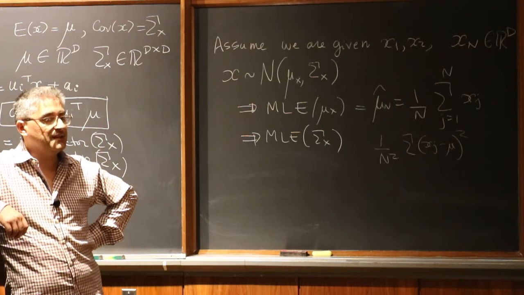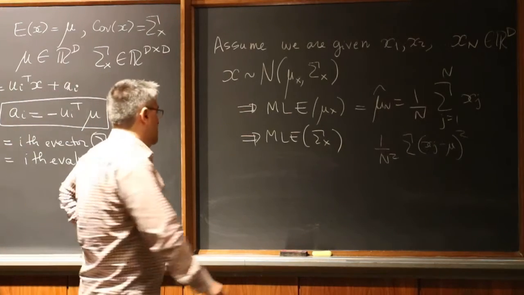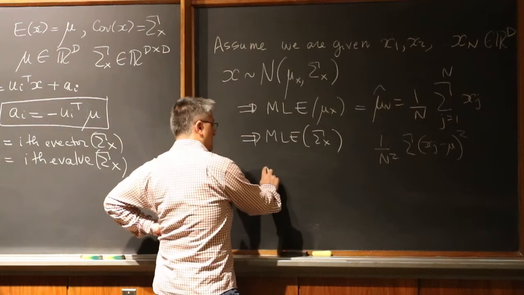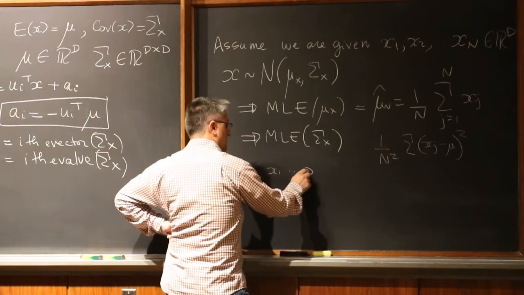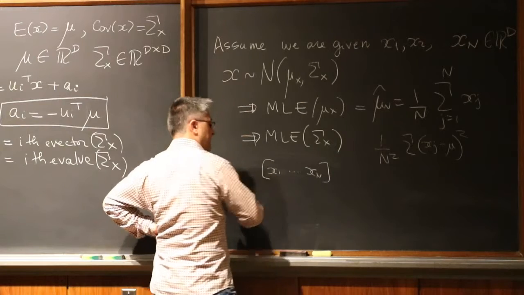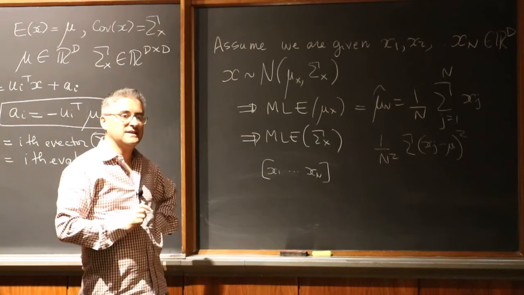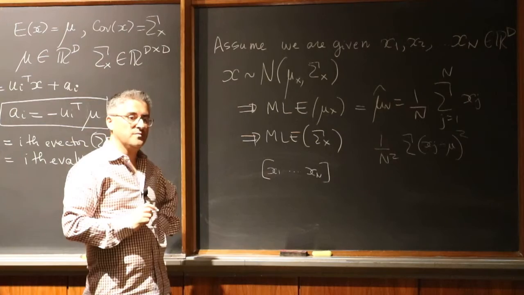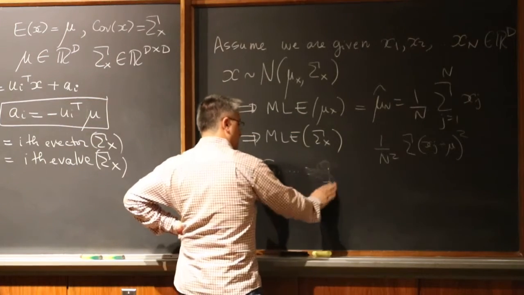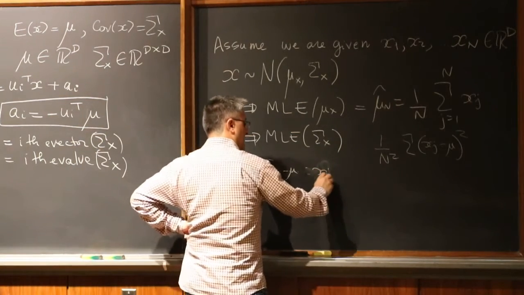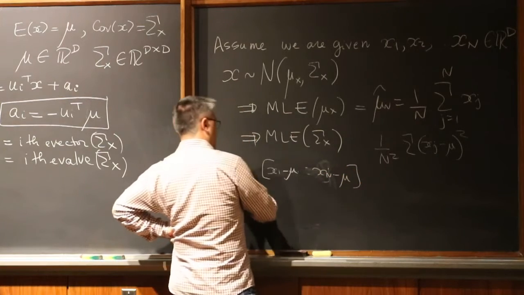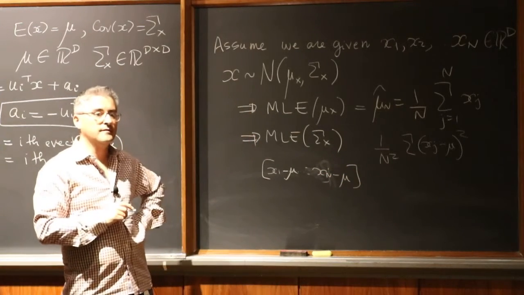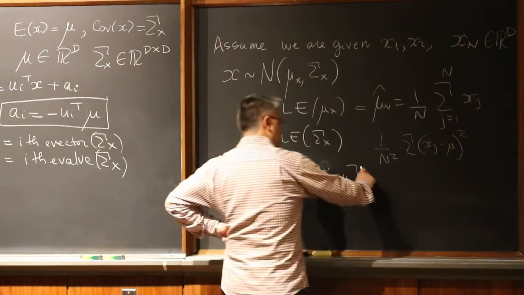We can gather all xj's in one matrix. And then we can use xj minus mu transpose times x minus mu. Okay, so you're saying that I can put all of the xj's in one matrix, x1 to xn, that's my matrix now, and then I subtract mu from each one of them. So let me do that. I have x1 minus mu, up to xn minus mu. And then multiply that times its transpose.